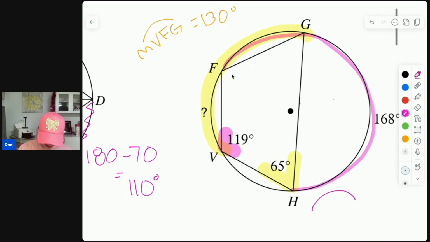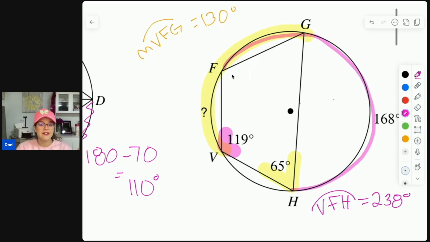It starts at V, goes through F, and it ends at H. Big kahuna. That big pink arc is 119 times 2, which is 238 degrees.